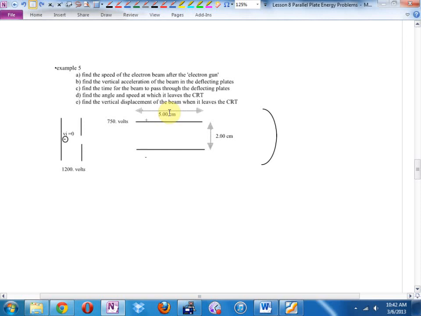First of all, A says, find the speed of the electron beam after the electron gun. That's the left-hand section, those left-hand parallel plates right there. I think all of your potential turns into kinetic. QV equals a half m little v final squared.